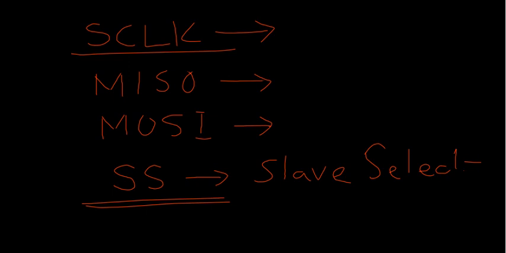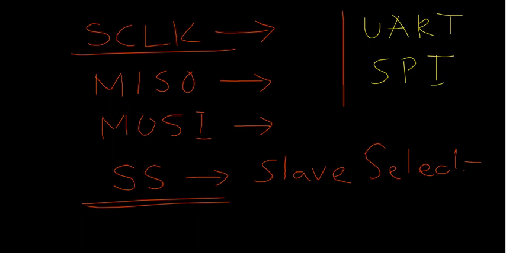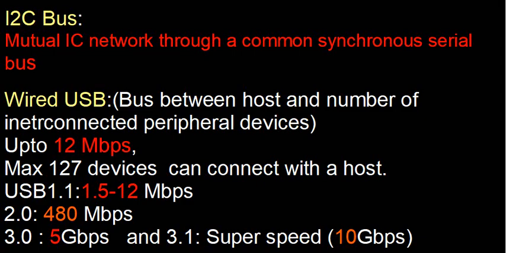Okay, so now after having seen your UART or USART and SPI, let us now move on to the next communication technology, wired communication technology, which is called as I2C bus, right? So I have already told about what is I2C bus, inter integrated circuit.